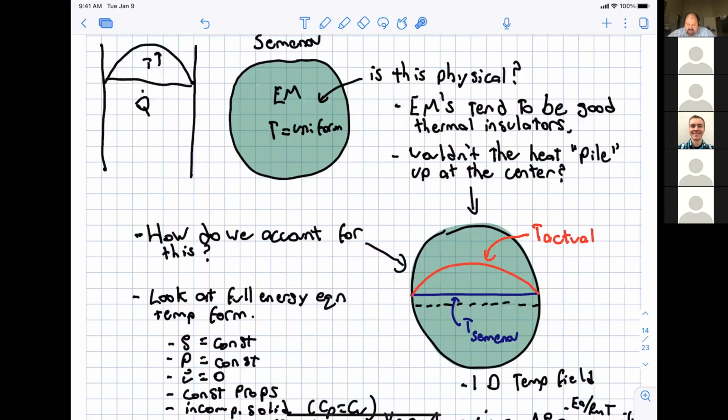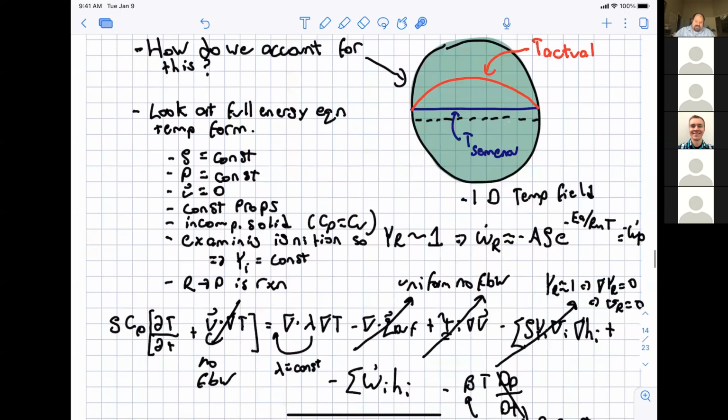Okay, and so how do we account for this? First of all, our starting point is not going to be a control volume analysis. Our starting point is going to be the full energy equation in temperature form that we derived earlier. And we're going to assume that the density is constant, the pressure is constant, and that there's no fluid motion.